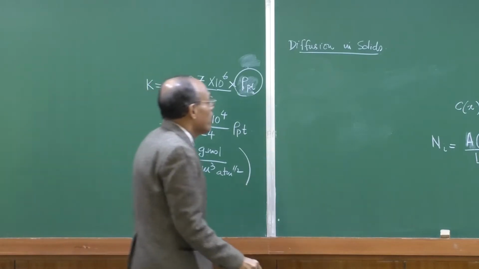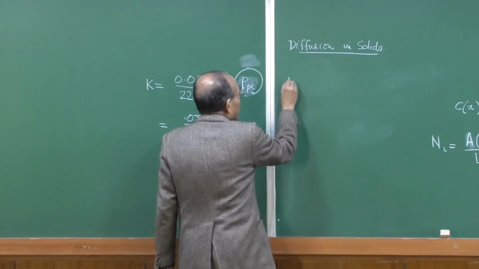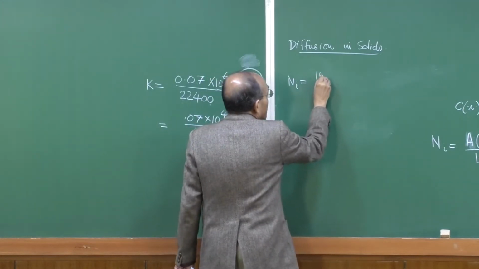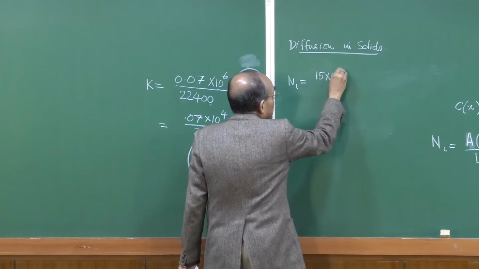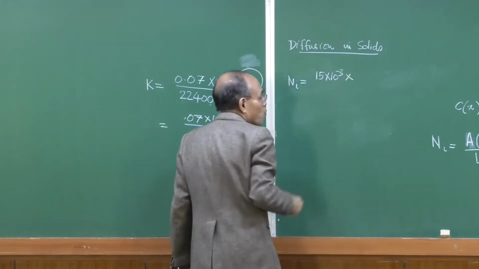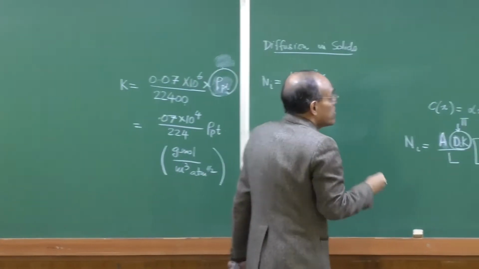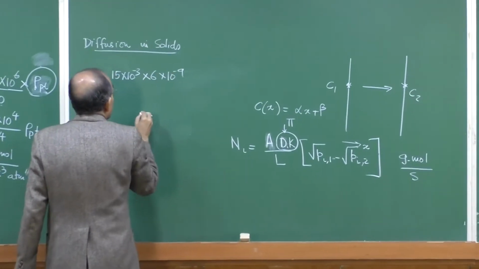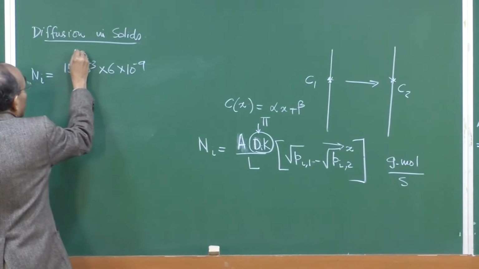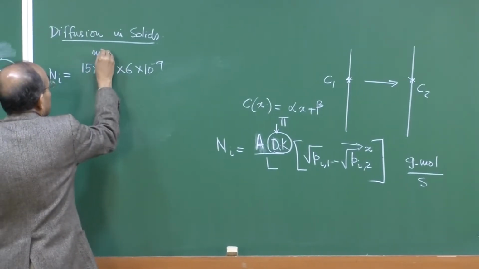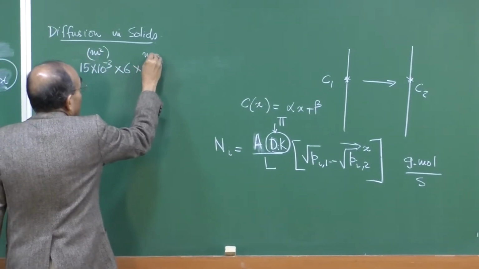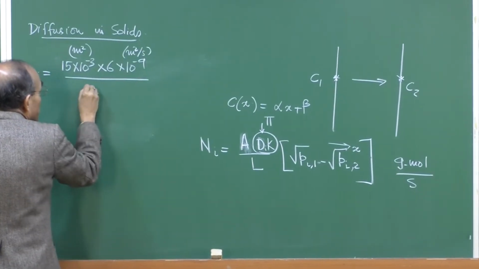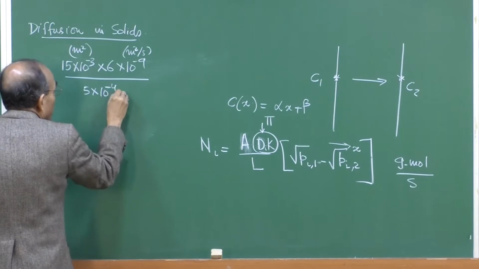So, if you substitute the values here, you will put Ni equal to area, which is 15 into 10 to the power minus 3, multiplied by the diffusion coefficient, which is given to be 6 into 10 to the power minus 9. This is meter square, this is meter square per second, and this is 5 into 10 to the power minus 4 meter.